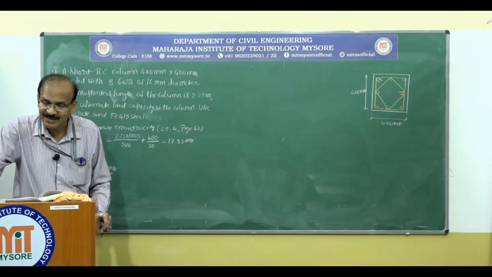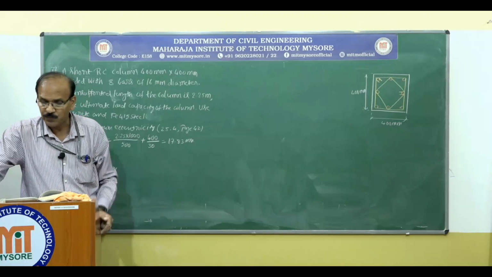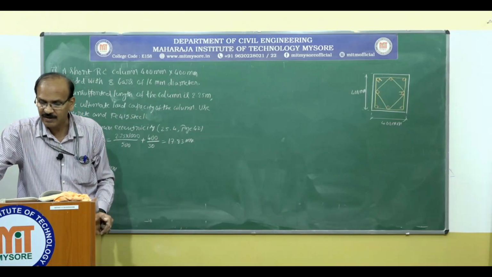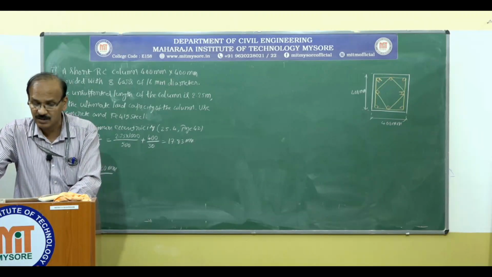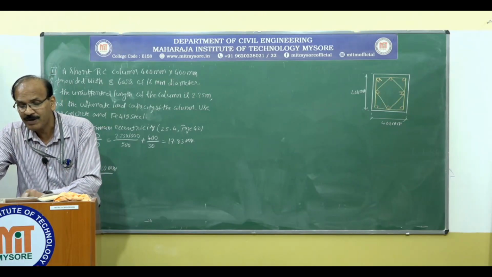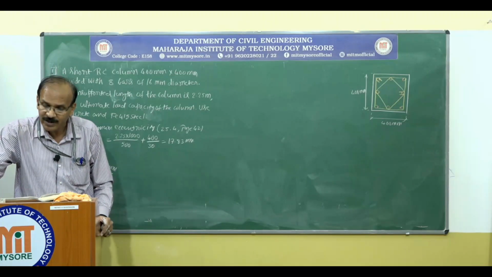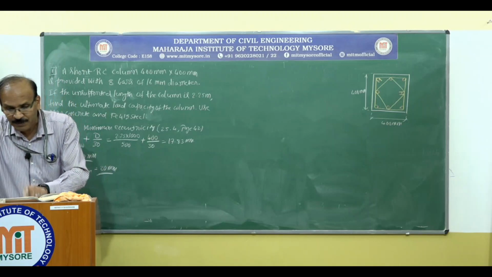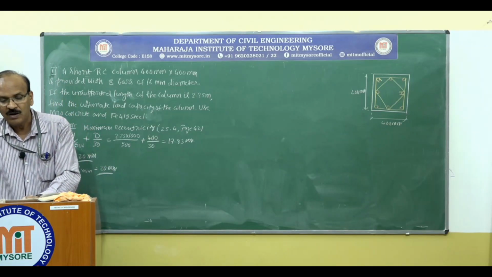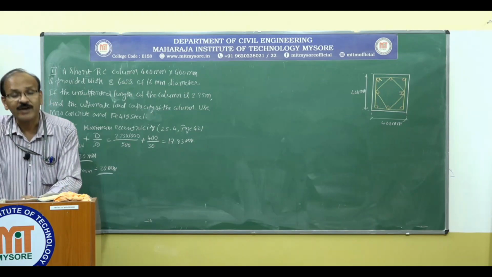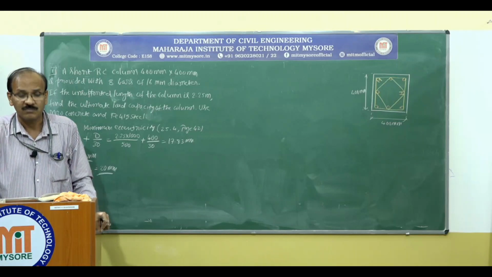When the minimum eccentricity as per 25.4 on page 42 does not exceed 0.05 times the lateral dimension, the members may be designed by the following equation. What it means is, as per this, I am going to check the value of 0.05 multiplied by the dimension of the column.